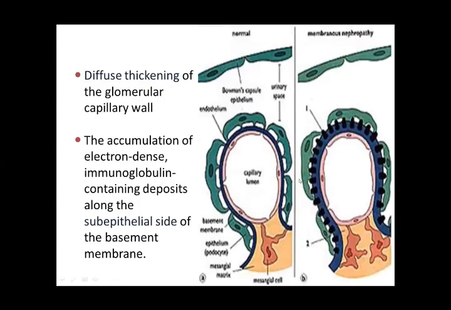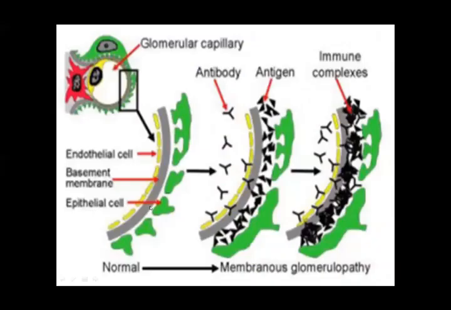You can see this on the subepithelial side of the basement membrane. There is a deposition of immune complexes. These immune complexes get embedded into the GBM, and reactive membrane or GBM is formed above them. They're on the subepithelial side, so you have to remember that.